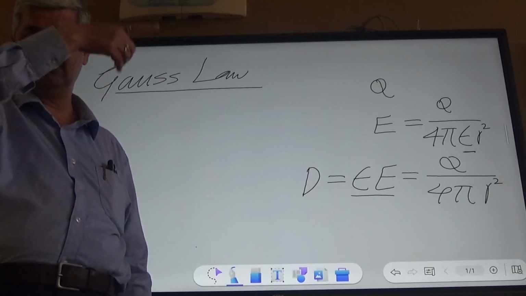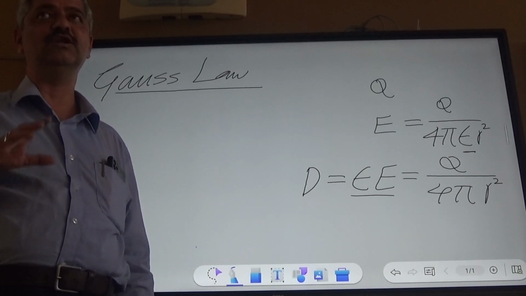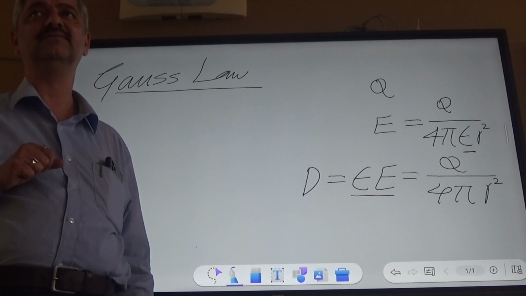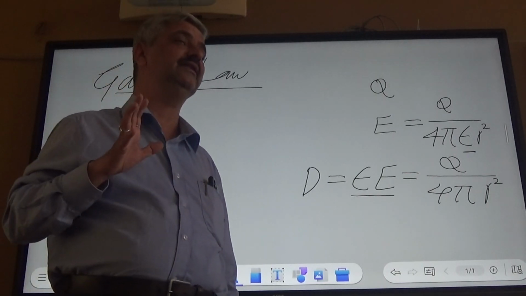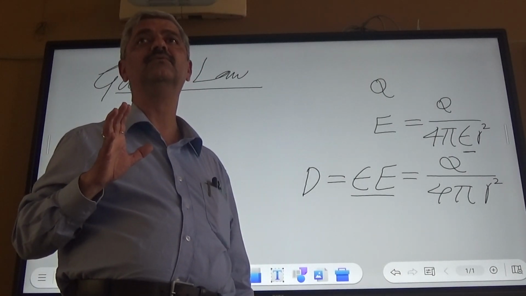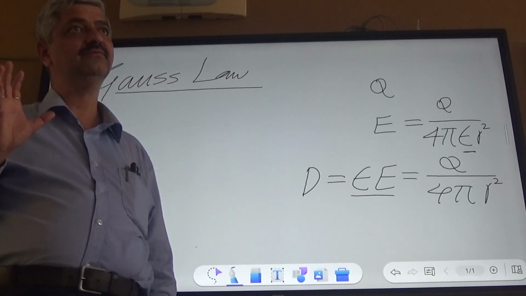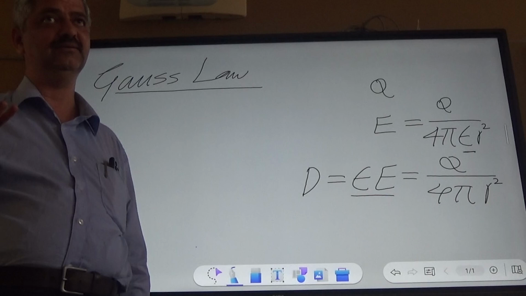What is Gauss law definition? Gauss law definition, what? Electric flux enclosed by a surface. Now did you get a hint from that?